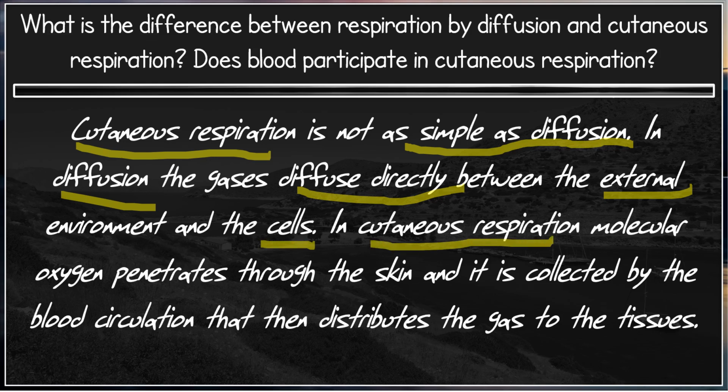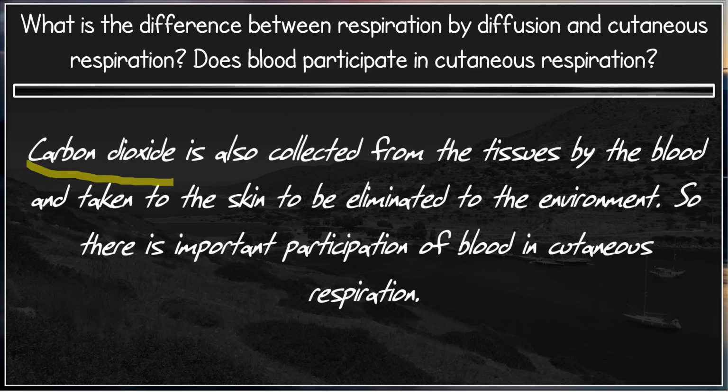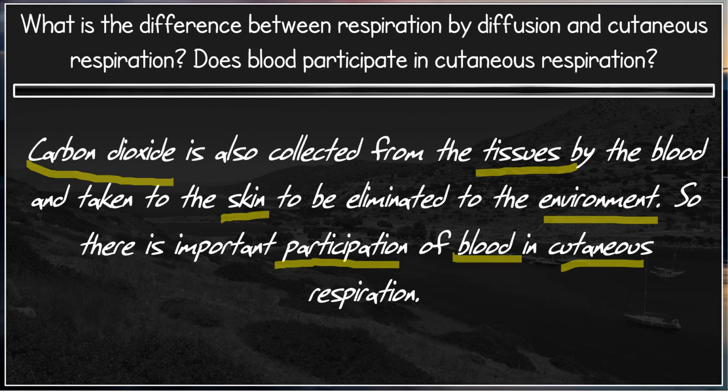In cutaneous respiration, molecular oxygen penetrates through the skin and is collected by blood circulation, which then distributes the gas to the tissues. Carbon dioxide is also collected from the tissues by the blood and taken to the skin to be eliminated to the environment. So there is important participation of blood in cutaneous respiration.